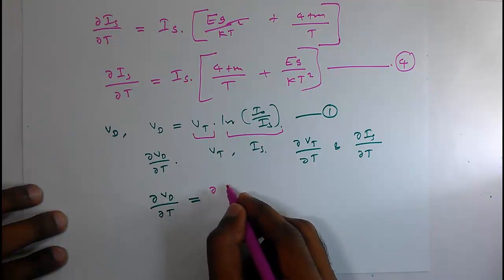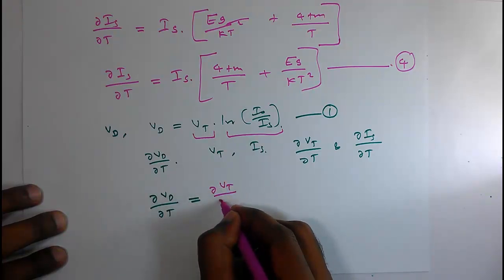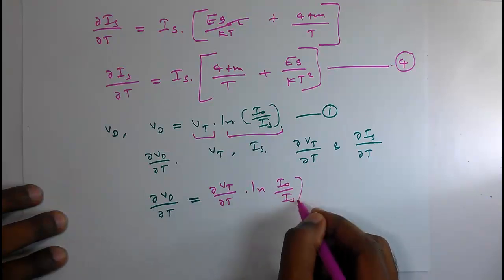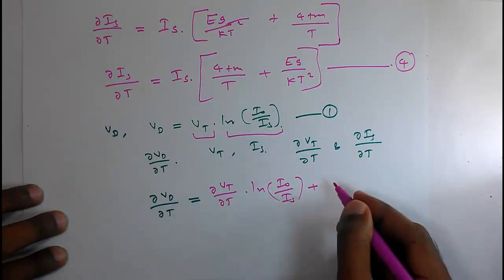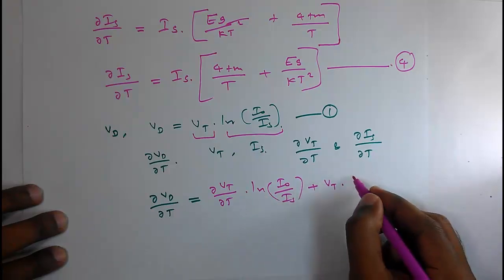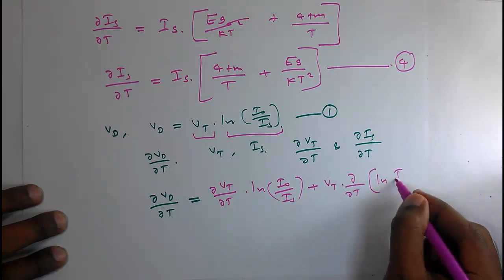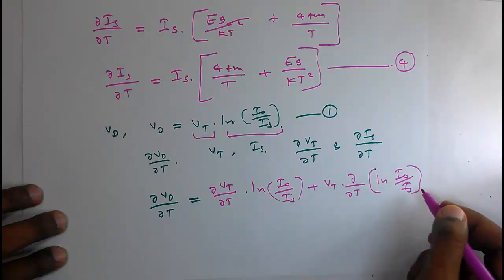So we can write dou Vt by dou T into ln I0 by Is plus Vt into dou by dou T of ln I0 by Is.